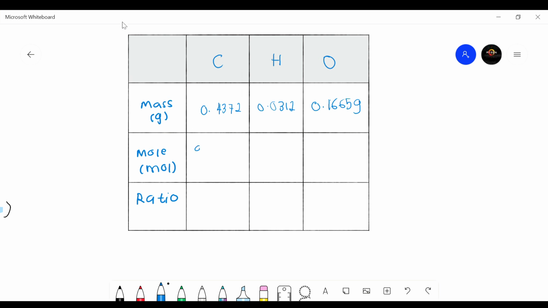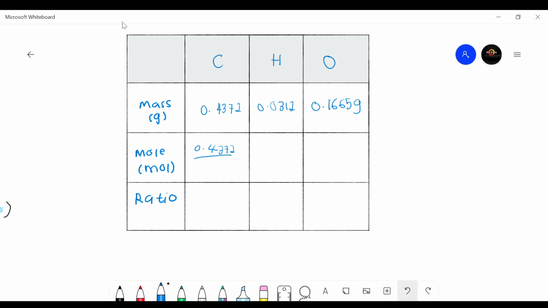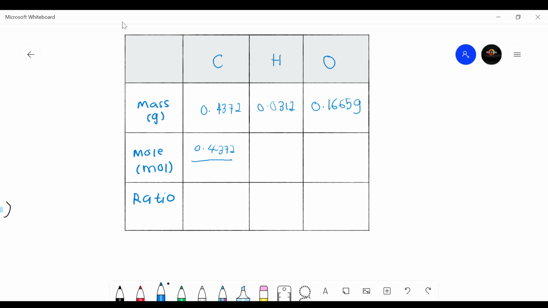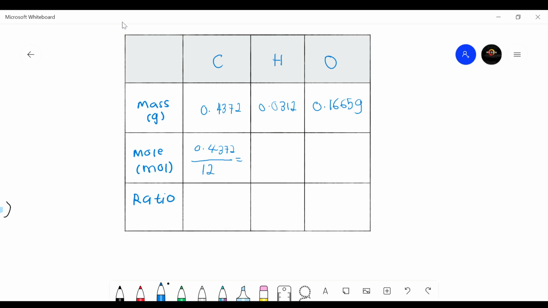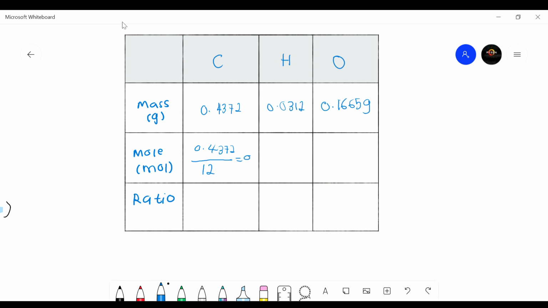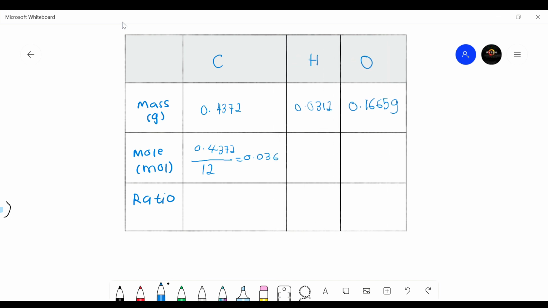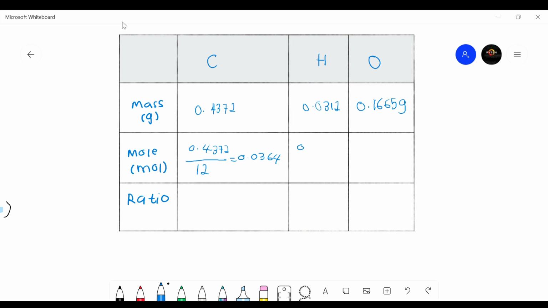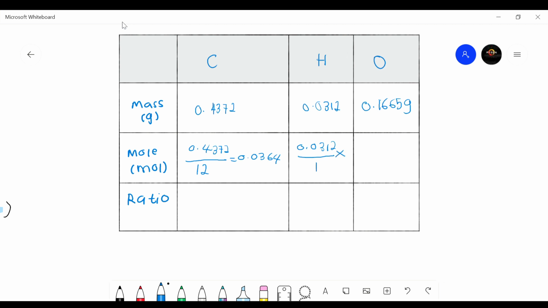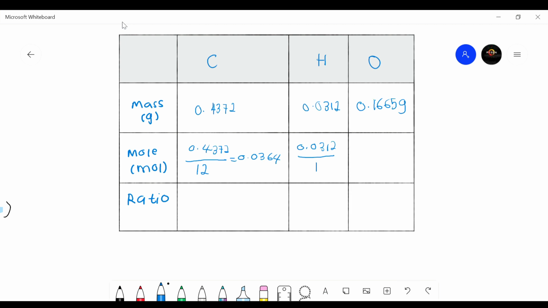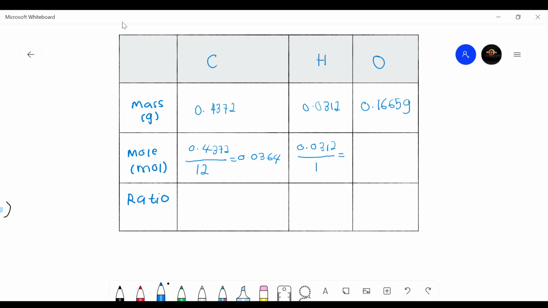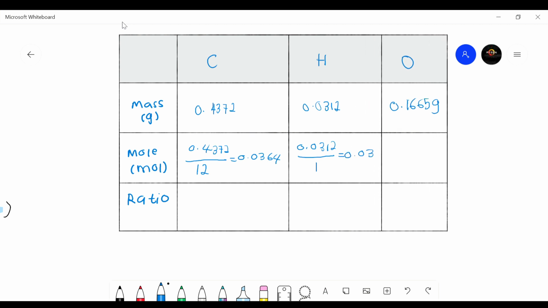The mass 0.4372 divided by the molar mass of carbon, which is 12, and we will get the mole of carbon, 0.0364. We do the same thing for hydrogen, over 1 because of the molar mass of hydrogen, and we get the same thing, 0.0312.